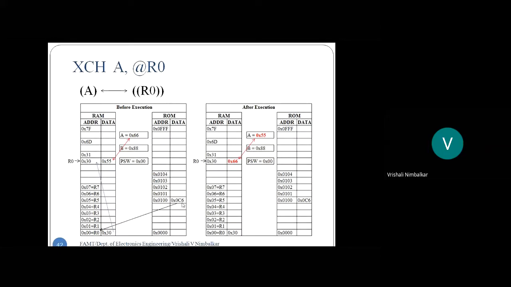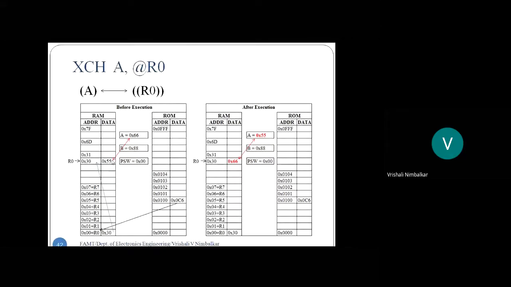So the microcontroller will immediately understand C6 means byte exchange. With whom to exchange? Memory and accumulator. Who is holding the memory address? It is R0, since we have mentioned @R0. So the microcontroller will automatically refer to R0. It will understand R0 is holding one RAM address, in this example 30 hex. Go to 30 hex and exchange the data with the accumulator.